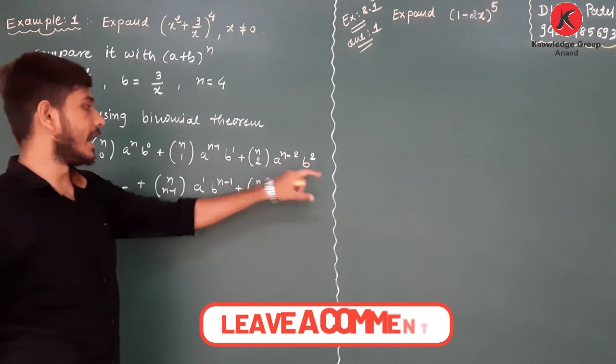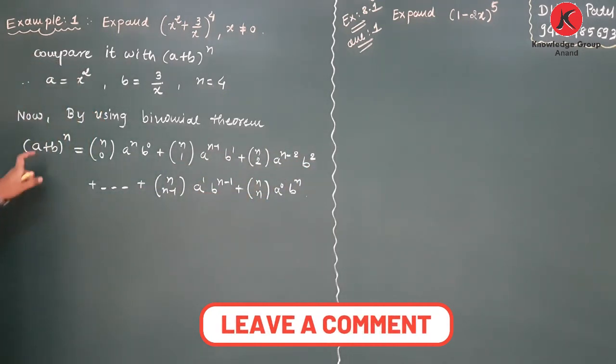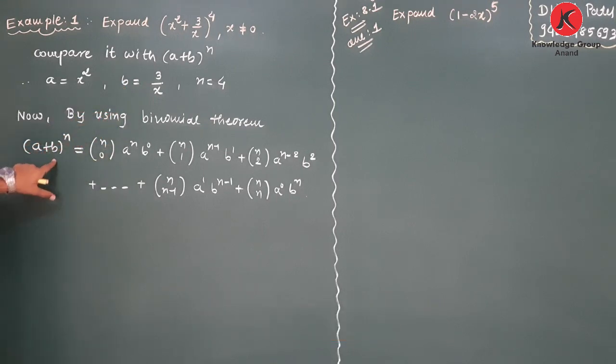This is your binomial theorem. Now put the values a equals x^2, b equals 3/x, and n equals 4 in this binomial theorem.